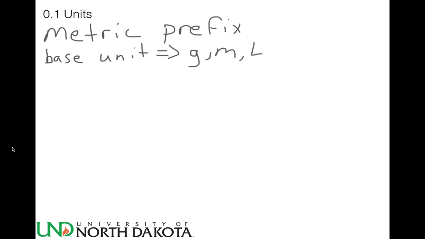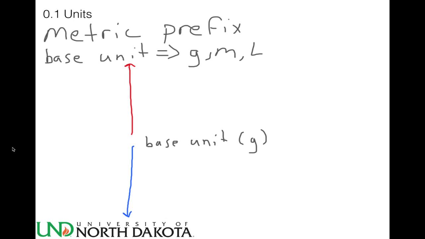Now, how metric prefixes work is you take your base unit. I'll just be using a gram as an example in our case, and you multiply it by some factor of 10, and that will change its amount. When using a metric prefix, you put some prefix in front of the base unit to show the new magnitude of the unit. So you can have metric prefixes that make your base unit smaller than 1, and you can have metric prefixes that make your base unit greater than 1.